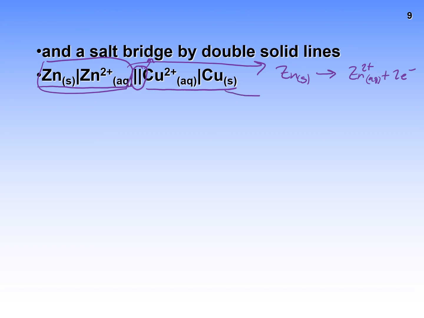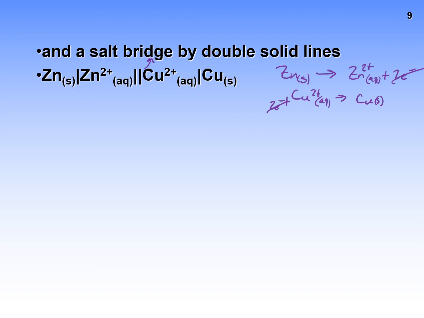At the same time, this one must have been Cu2+ because it's a reduction, going to Cu solid. Again, we're reducing charge here. That's why it had to be that way. Plus two electrons as well to get the charges to balance. And then we can add these two and get the electrons to cancel and do all that from just this cell notation, which is, like we've said, a shorthand.